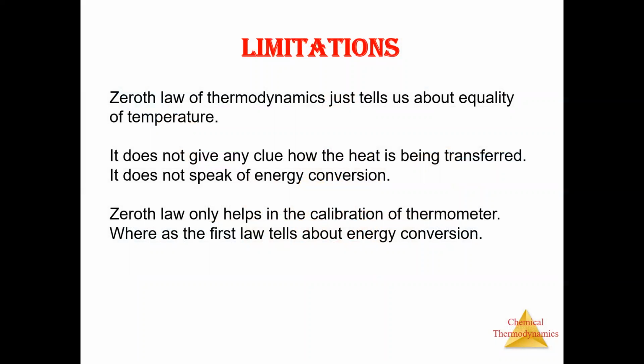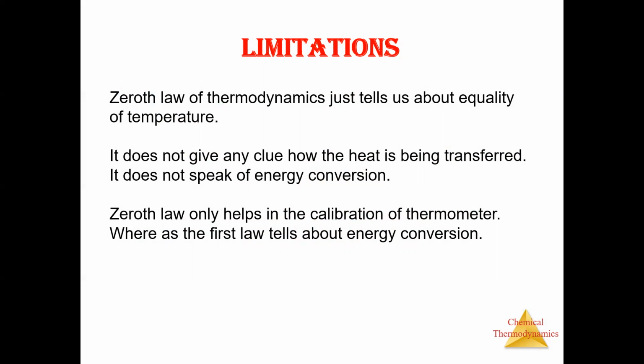A limitation of the zeroth law is that it only tells about the equality of temperature. For example, how do we come to know whether we are suffering from fever and what our body temperature is? We make use of a clinical thermometer. When the clinical thermometer comes in contact with our body, heat is transferred from our body to the clinical thermometer and the temperature of our body is noted down.